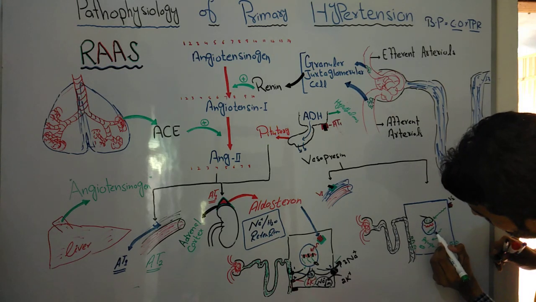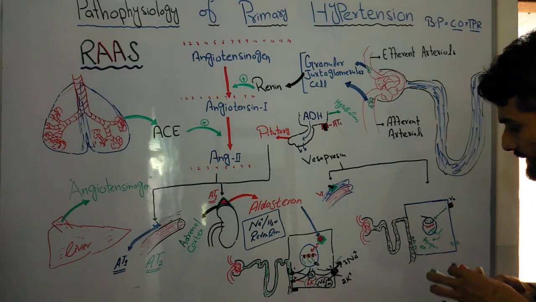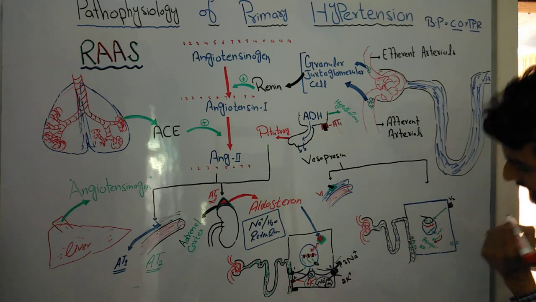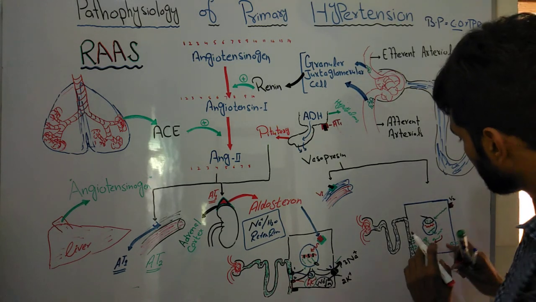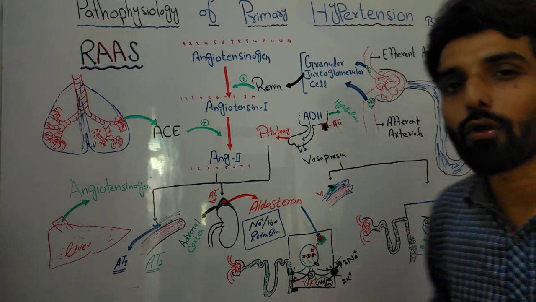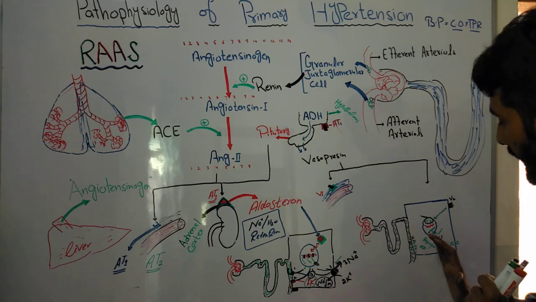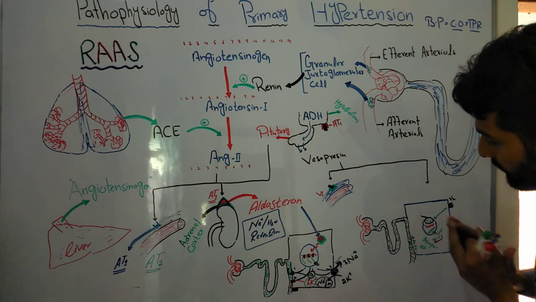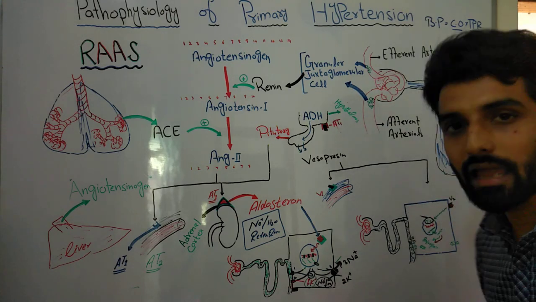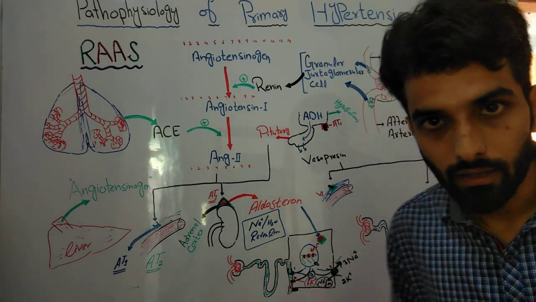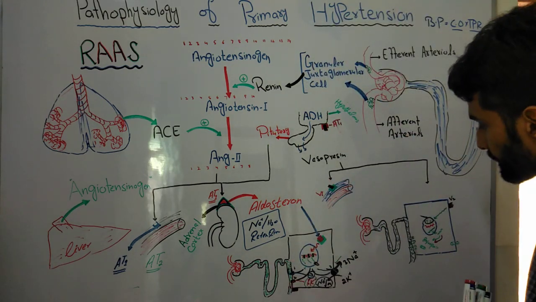Then this messenger RNA will come out of the nucleus, and the process of translation, protein synthesis, will take place. But in this case, the protein that is going to form is aquaporin.